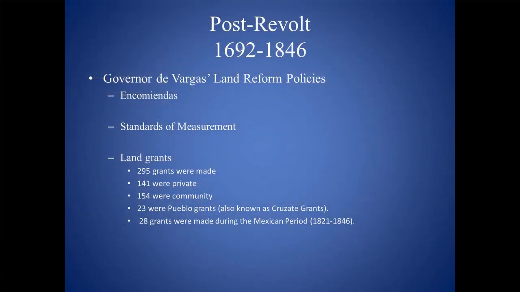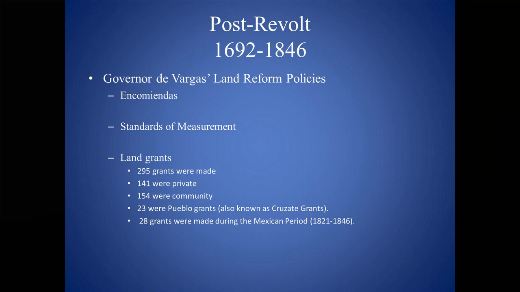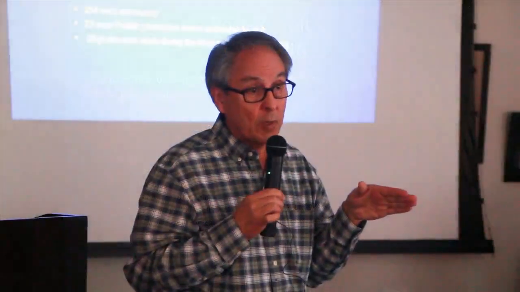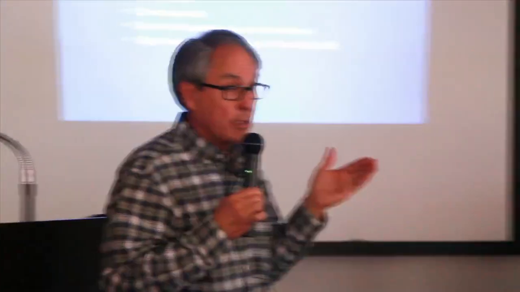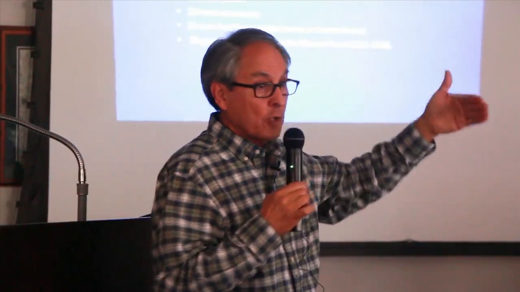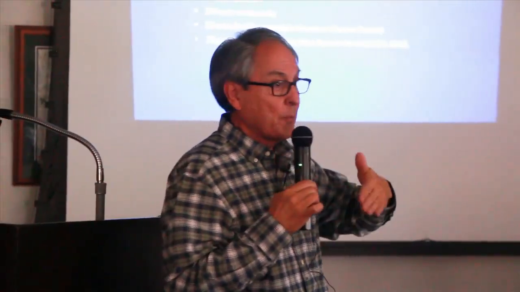In other words, I would apply to the governor for a land grant, and we would measure it out. We would walk it, is actually what we would do, and we would come up with an estimate of how much property there was and what the north boundary was, the east boundary, the south boundary, and the west boundary.